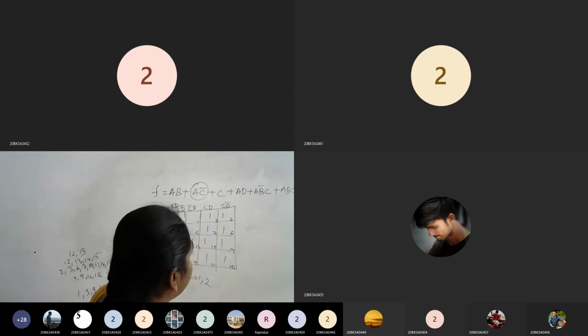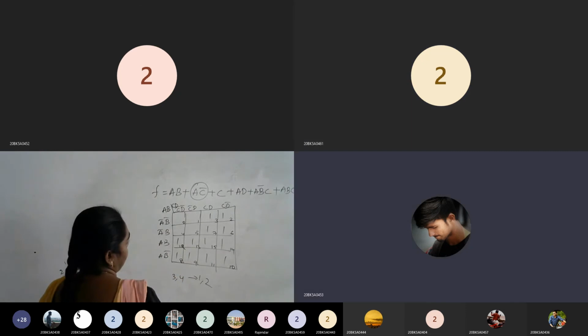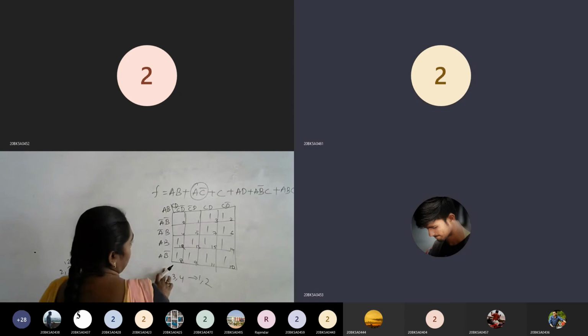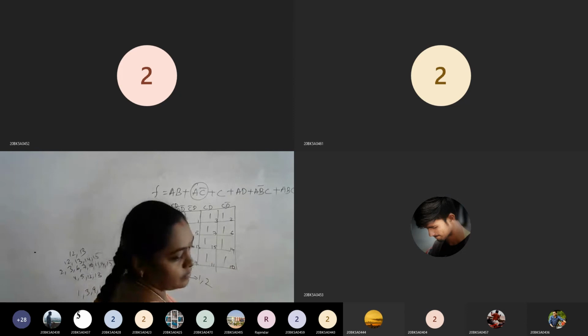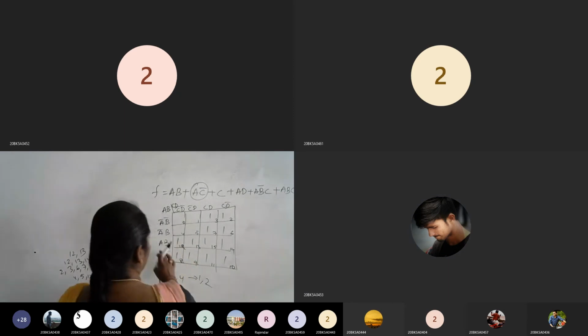Next. A, B bar, C. A, B bar is which row? Fourth row. C is which column? Third and fourth column. Last row, third and fourth column, that is 10, 11. A, B, C. A, B is third row.